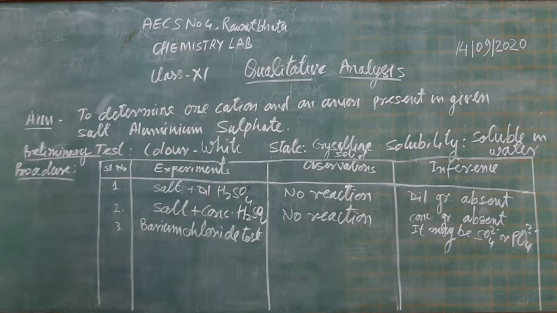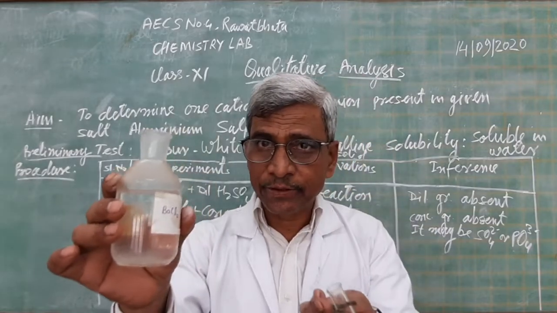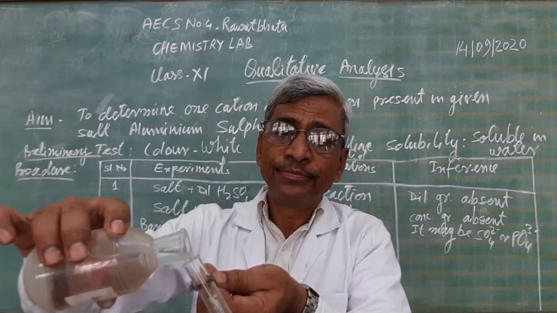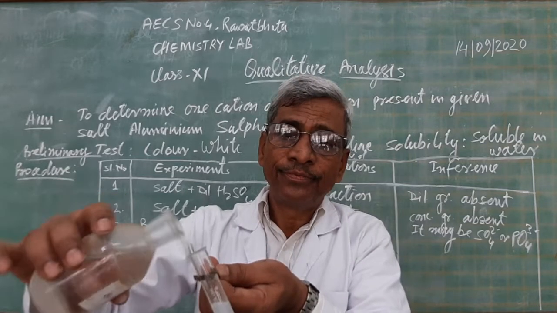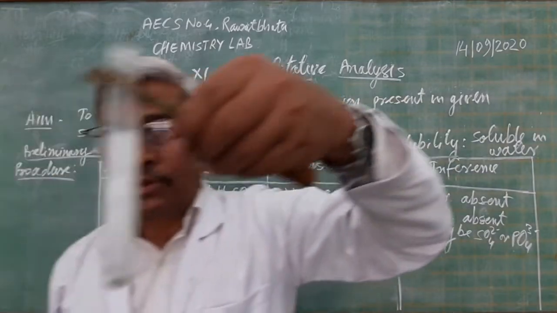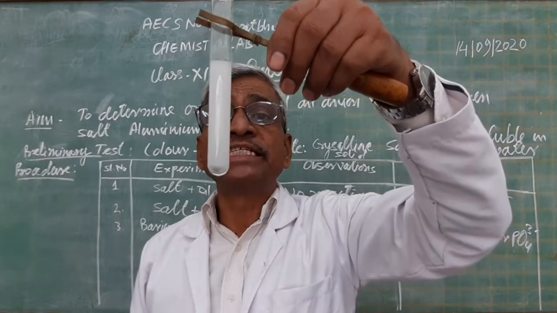Then add barium chloride solution. Here is the BaCl2, barium chloride solution. Add barium chloride. You can see a white precipitate appears. The complete test tube is filled with white precipitate.